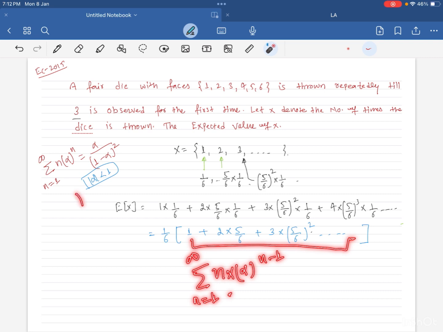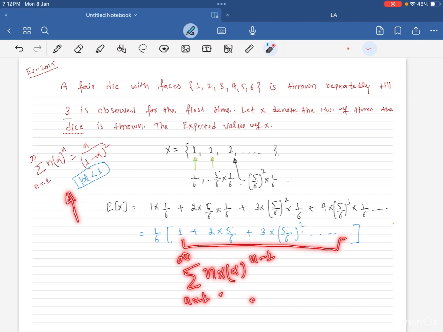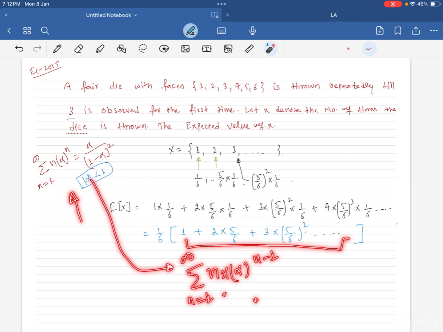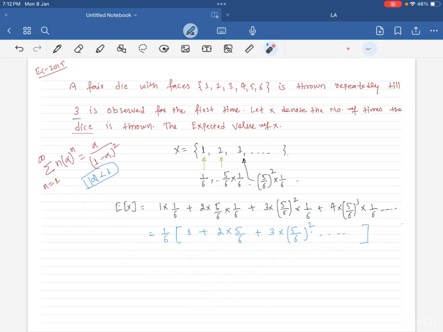But I know this formula, so we can make this: n times alpha to the power n minus 1, summation from n equals 0 to infinity.